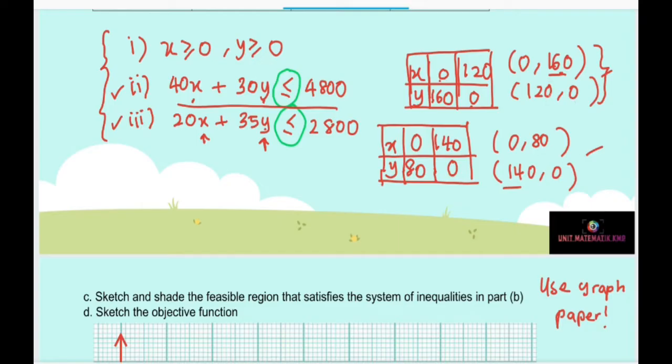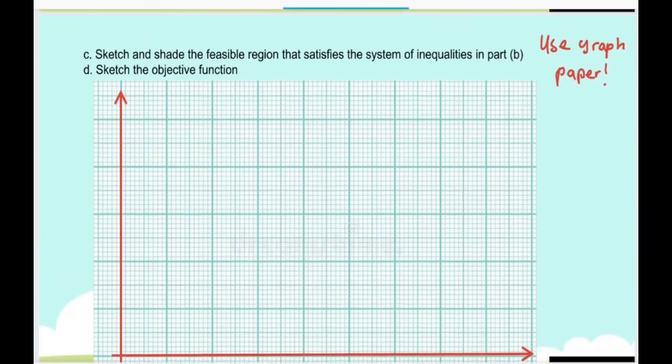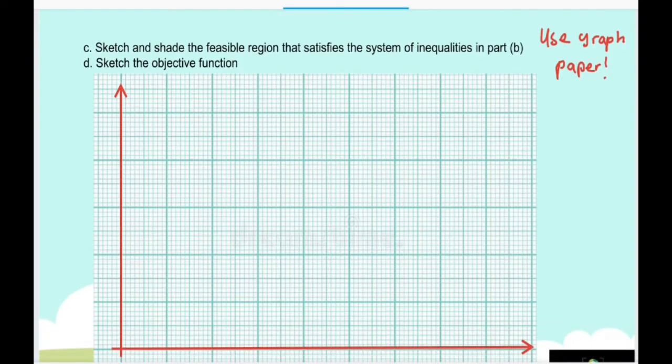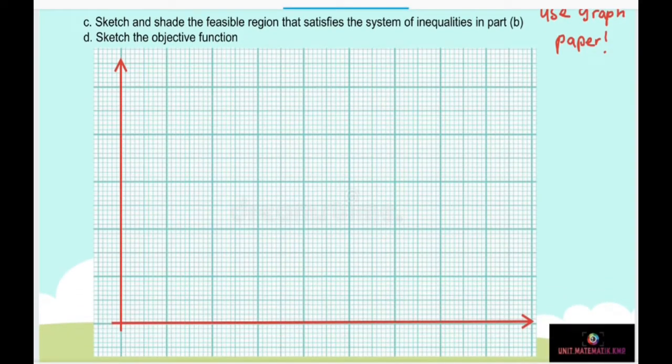So the highest number of x is 140 and the highest number of y is 160. This means that in your graph you must consider the correct scale so that your graph fully uses your graph paper.